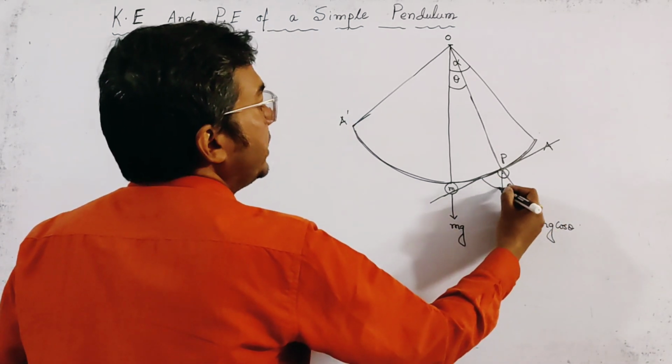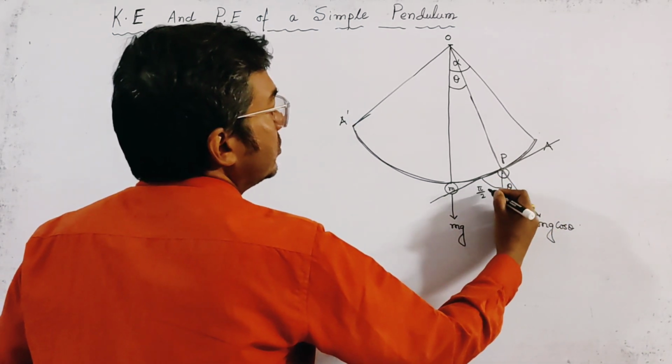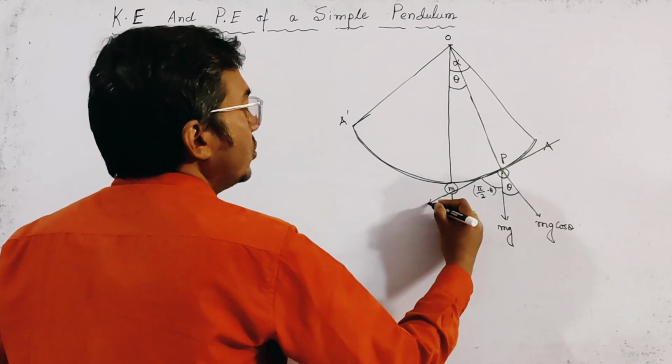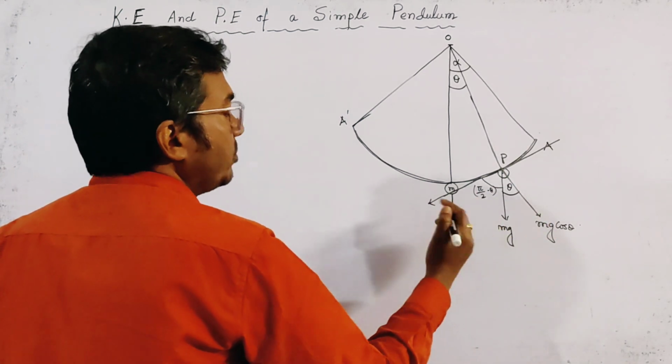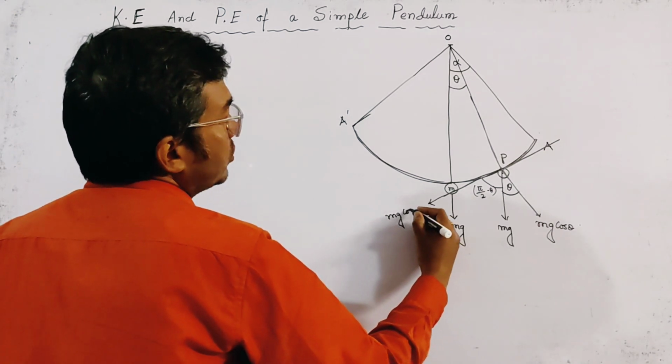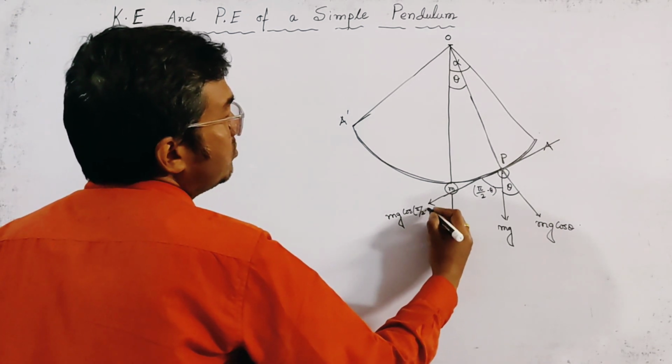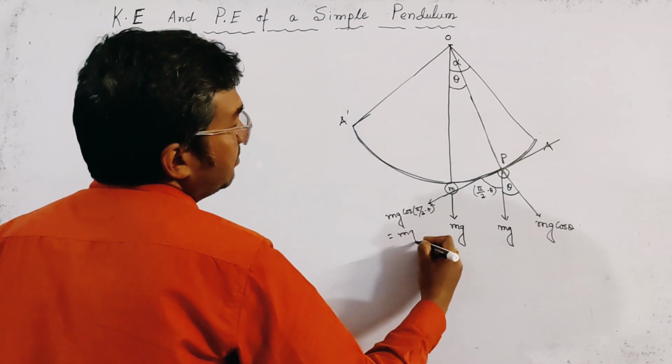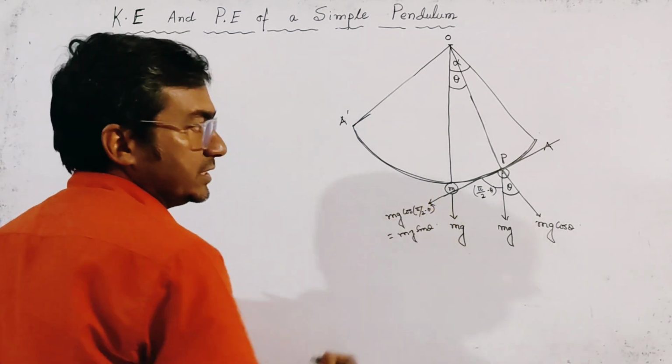This angle is obviously pi by 2 minus theta, so the component of mg along the tangent is mg cos(pi by 2 minus theta), so this is mg sin theta.